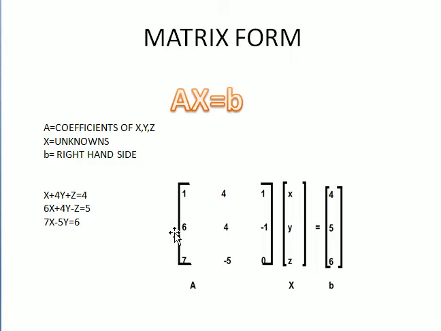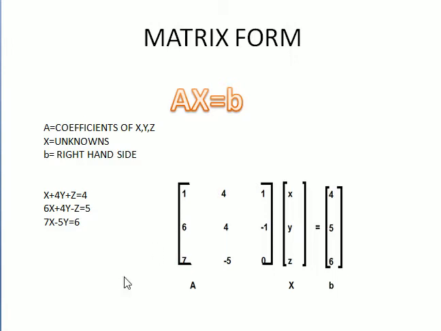The same way you can take the last row vector in the matrix A, 7, minus 5, 0, and multiply with the vector capital X, x, y, z, you will get the value 6, that is in the B. Okay, so this is the mathematical form, another form of representation of the unknowns and equations, that is, the given equations in the mathematical form.